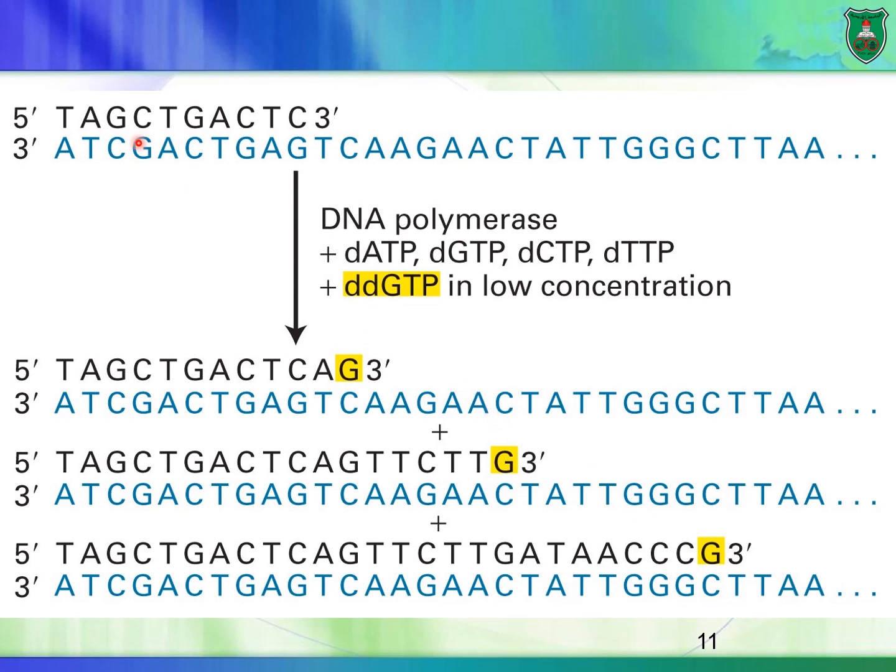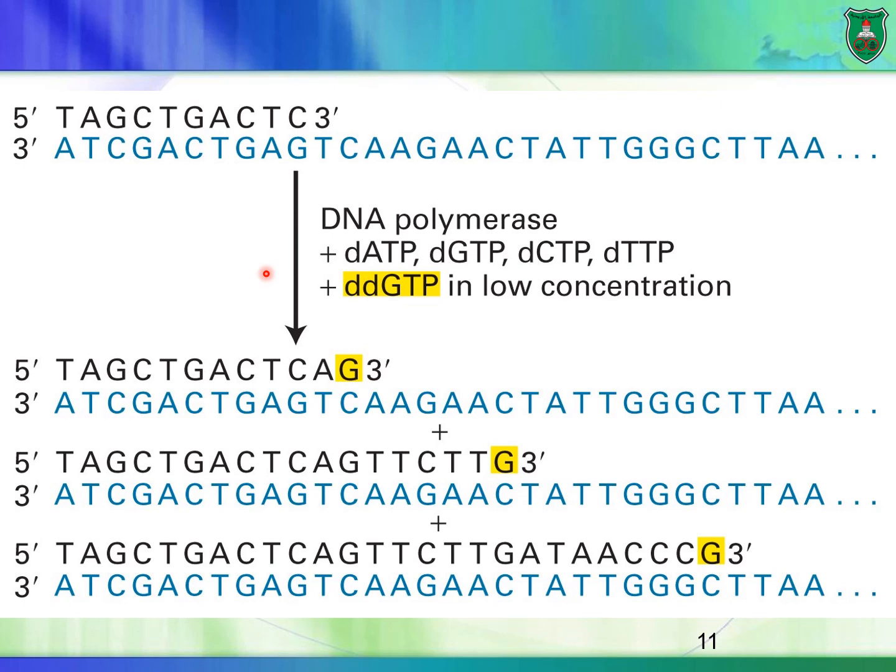I need the DNA template. Okay, here I'm showing only one strand of the DNA template. Synthesis goes from 5' to 3'. So what do I need? 1. I need the DNA template, the DNA that I want to sequence. 2. I need a DNA polymerase to synthesize the DNA. 3.